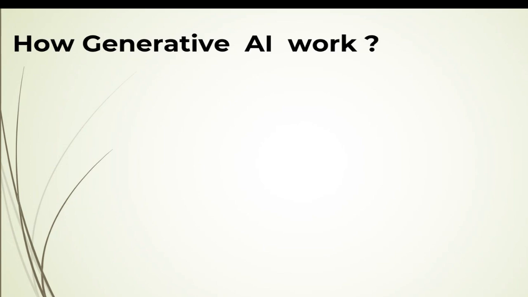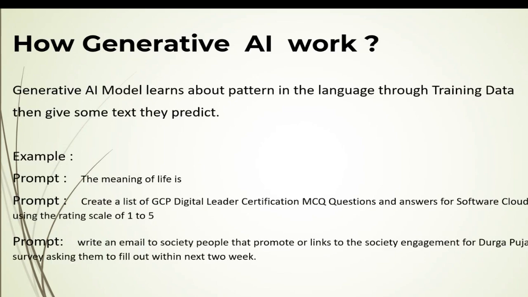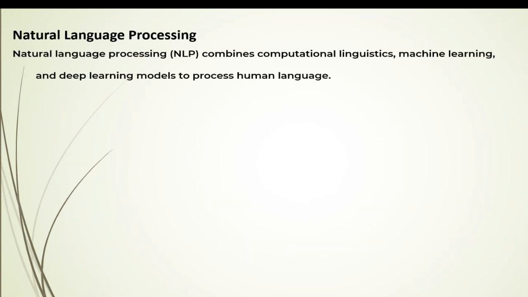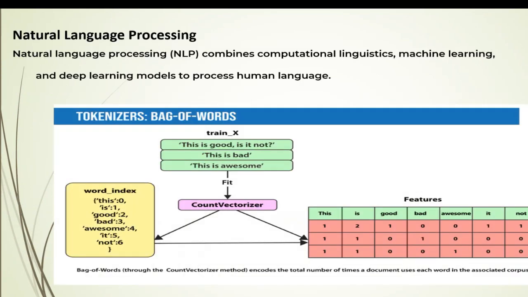If you see last day, we talked about how GenAI works and its internal architecture, where we talked about how the complete implementation starts with natural language processing. Whatever input comes inside your prompt, each and every word in your sentence will be represented as a feature vector, and our LLM will take the input as a feature vector.